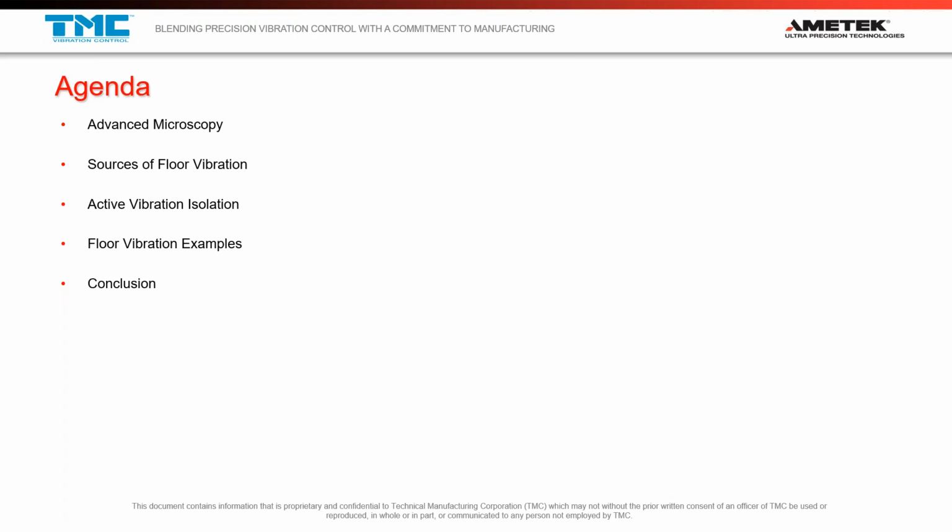And then we're going to be talking about active vibration isolation. We're going to focus specifically on system architectures and different ways that you can detect and cancel out floor vibration using active vibration cancellation systems. And then we're going to do a couple examples.